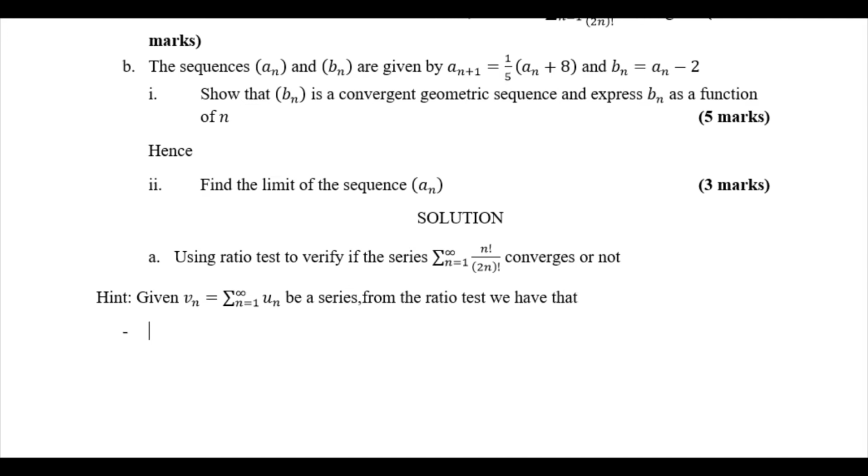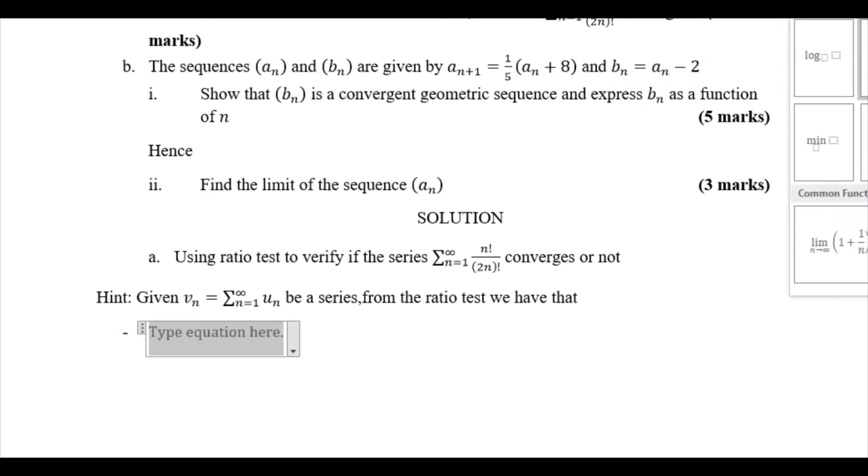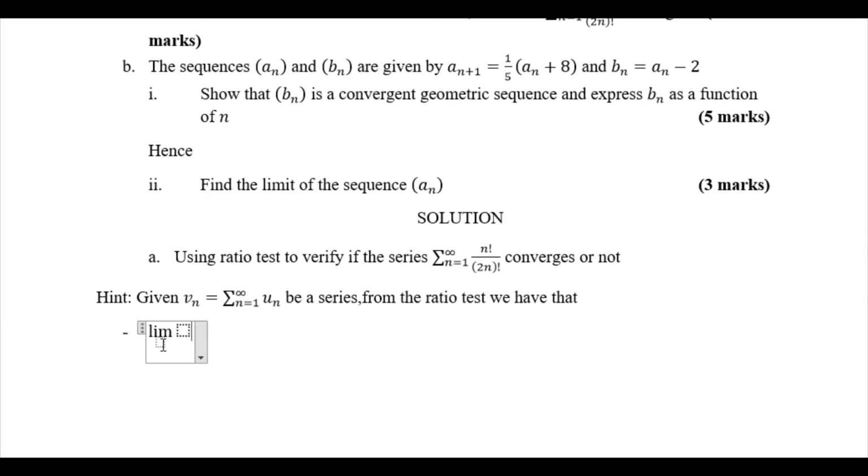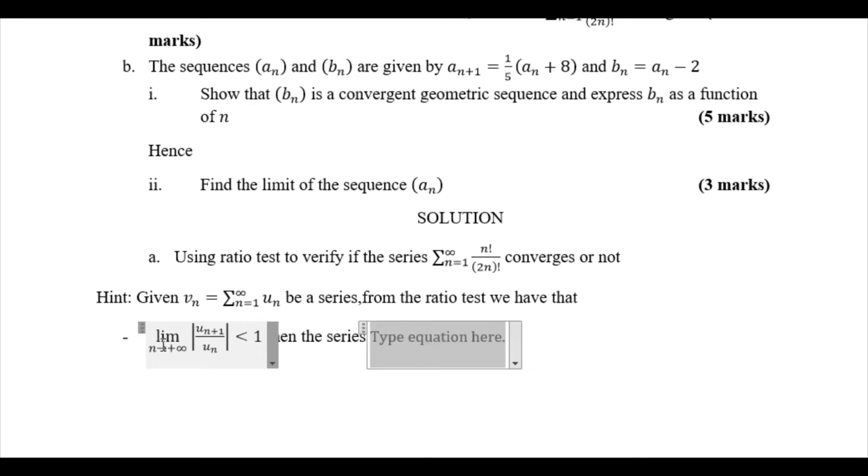The first thing is that we are going to be computing limits. If the limit as n tends to positive infinity of the absolute value of u_(n+1) divided by u_n, where u_n is a sequence, is less than 1, then the series v_n converges.